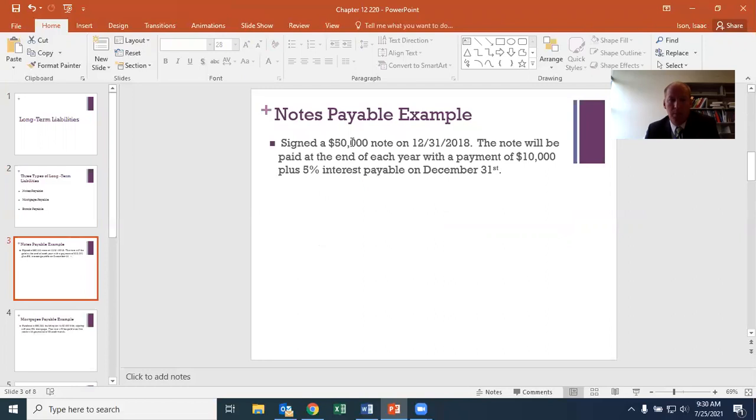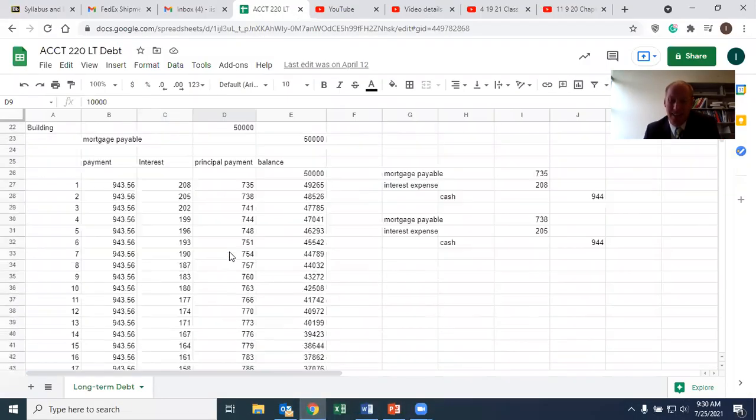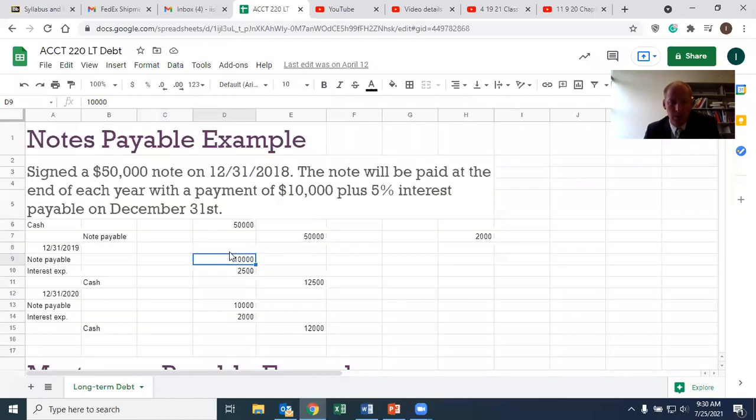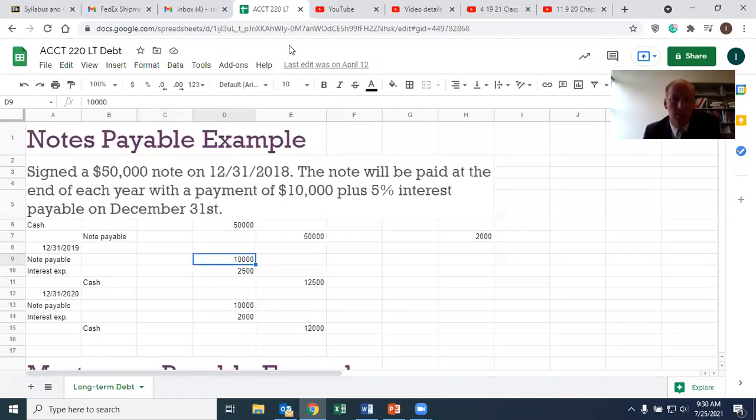So notes payable, it's this example here, and I've copied this into the summer semester Google Sheet, okay? There are videos on this too, so I don't think I'm going to go step by step through every part of it unless you want me to, and then I'll do another one.